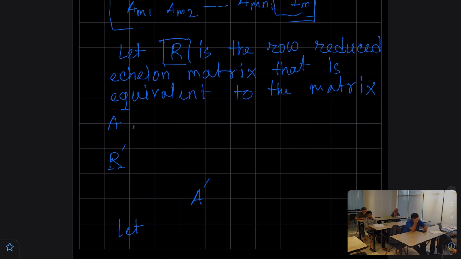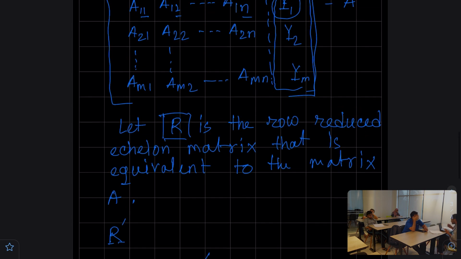Every m cross n matrix is row equivalent to a row reduced echelon matrix, right? We proved it in a previous lecture. So this assumption we are taking for the matrix A, not A prime. But here we are doing R prime for A prime.